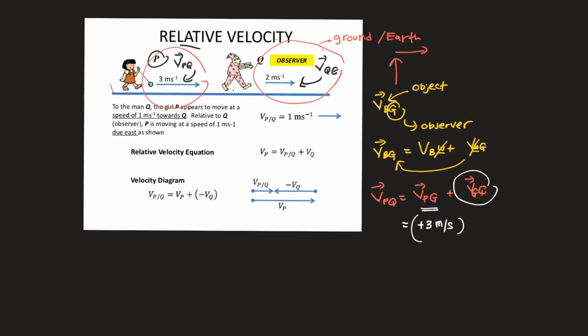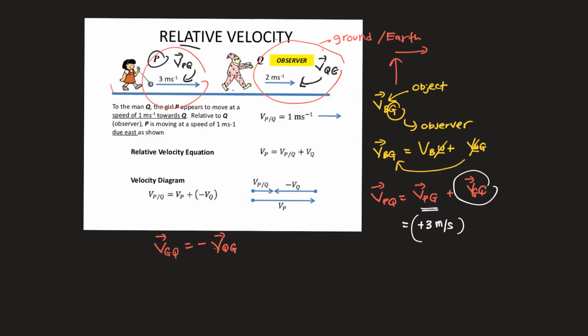So basically what happened here is, based on vector, when you have vgq, if you want to have vqg, then it's going to be the opposite. So you are going to put a negative over there, which means this one is going to be negative vqg. Okay, same magnitude, different direction.